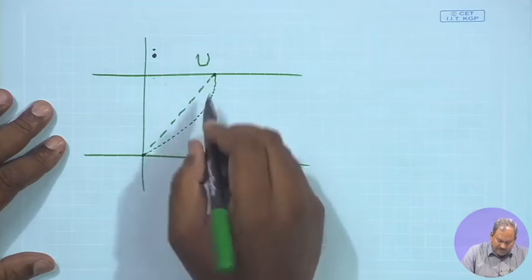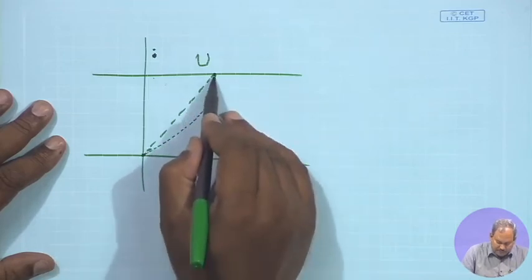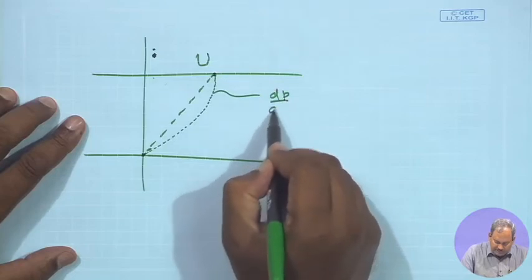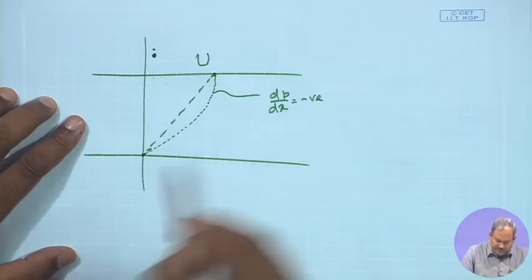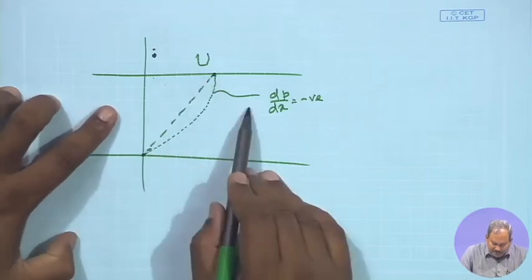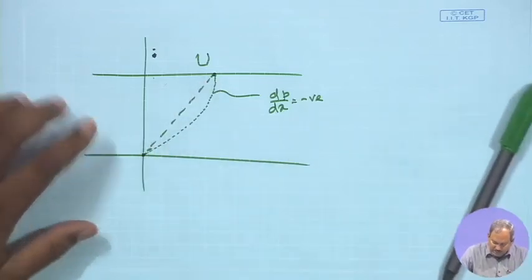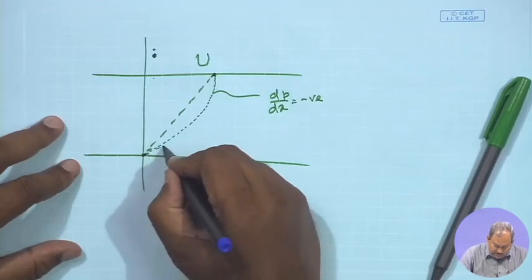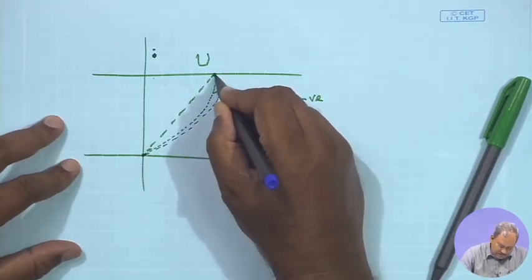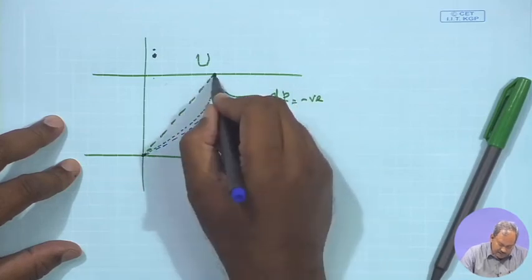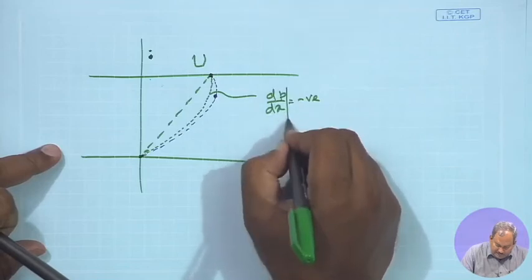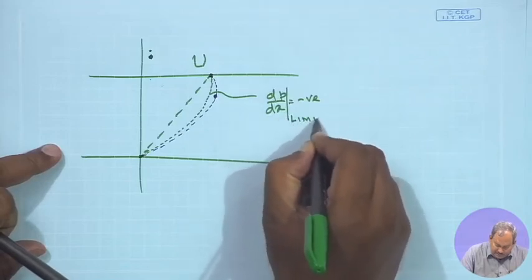This is the limiting case where dp dx is negative, but the maximum is still over here. Any increase in dp dx and what you are going to get is the maximum somewhere here and not the value of u max. So, this is your dp dx limiting.